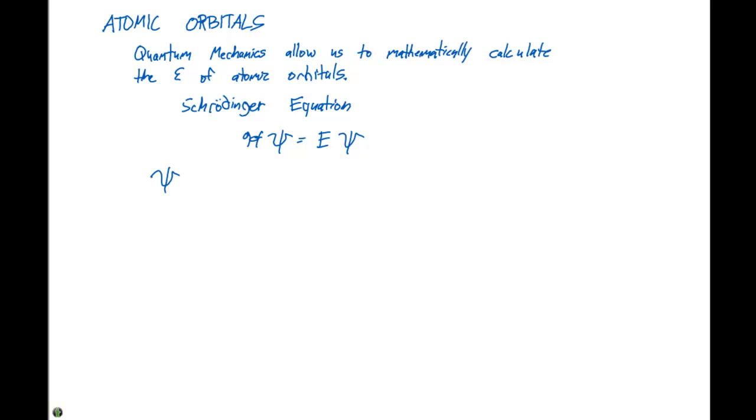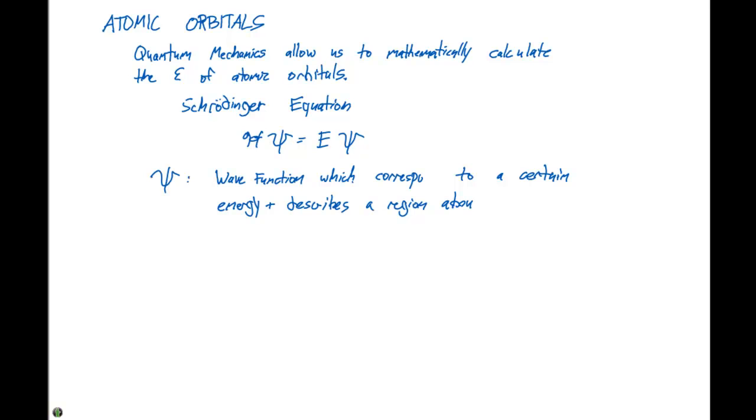And this psi term is called a wave function, which corresponds to a certain energy and describes a region about the nucleus, an orbital, where an electron having that energy may be found.